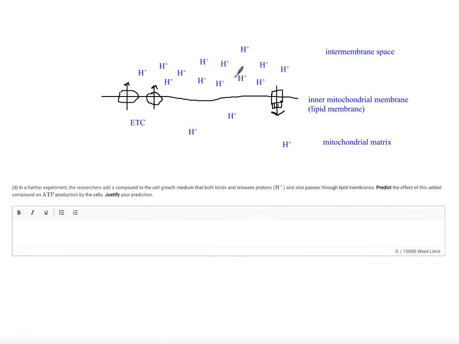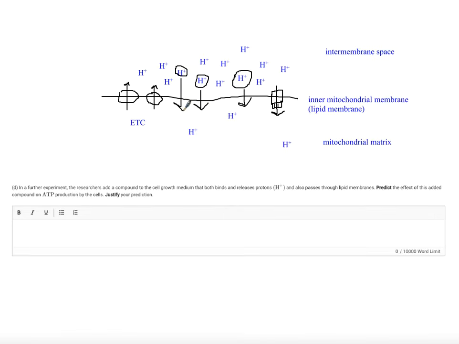And really what I think they're talking about is, if it binds these, it's going to pick up more protons, more hydrogen ions, where there's more, right? So it's going to pick up a bunch of these, and then it's going to diffuse down its concentration gradient, because it can pass the membrane.